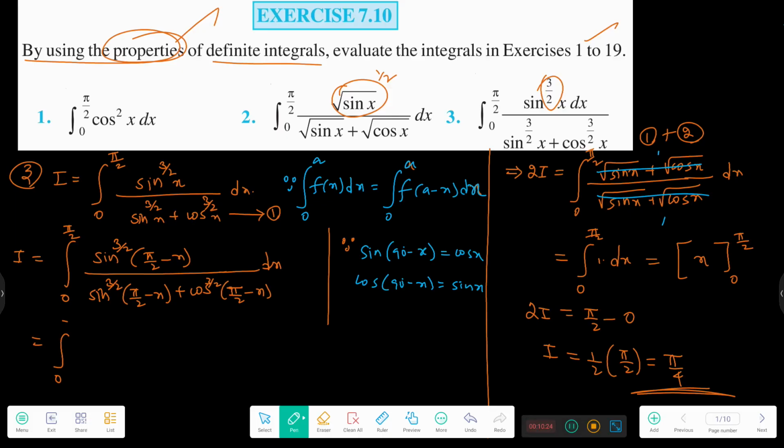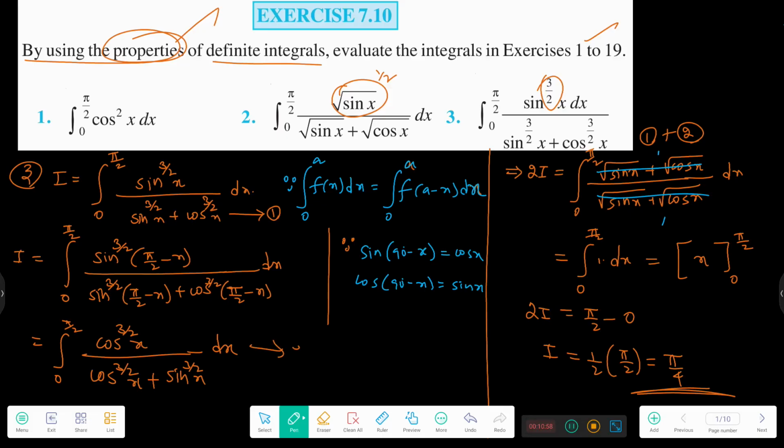So integral 0 to pi by 2 of sin of 90 minus x, that is cos, so cos power 3 by 2 x, divided by the same manner, sin power 3 by 2 of 90 minus x becomes cos power 3 by 2, and cos becomes sin, so sin power 3 by 2 x overall dx.